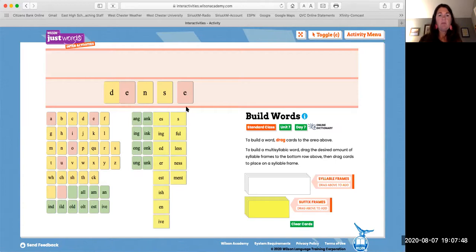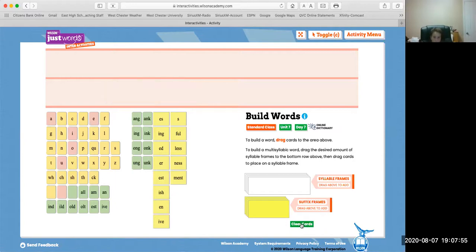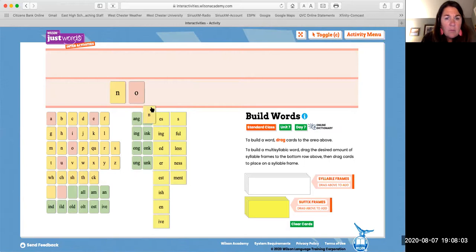We practiced that one before, dense. And what kind of a syllable is this? Closed. Very good. All right, let's do another one. Wish it was an easier way to do this. I'm going as quick as I can.